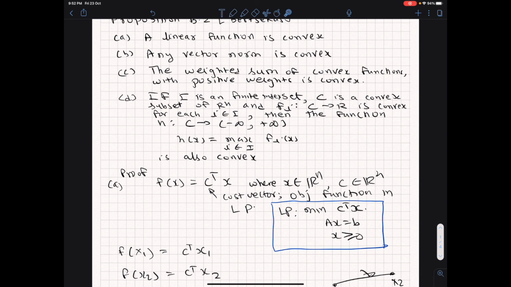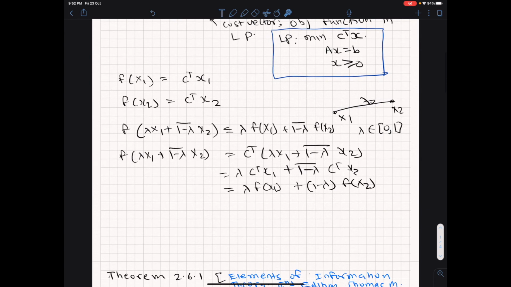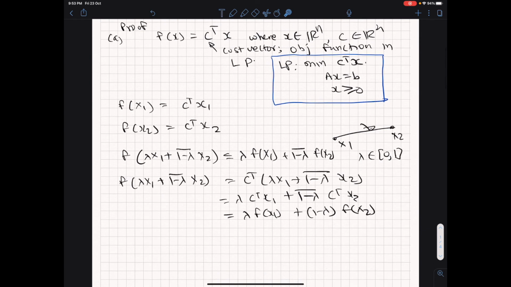What does it say? A vector norm is convex. So let's write the vector norm first. What's a vector norm? A vector norm is a function on x coming from Rn. It is greater than 0 for all x not equal to 0.